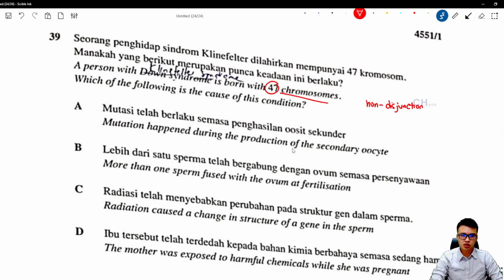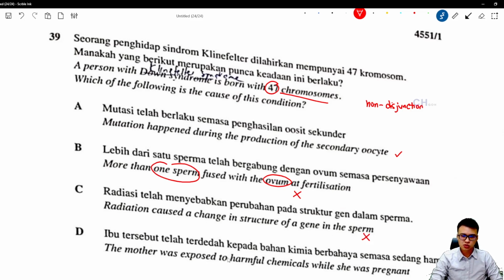Mutation happened during the production of secondary oocyte. Okay, this might be correct. Let's KIV first. More than one sperm fused with the ovum? No, definitely. Only one sperm will fuse with one ovum. It is impossible for more than one sperm to fuse with the ovum. Radiation caused the change of the structure in the gene of the sperm? No, it's not talking about gene, it's talking about cell division.